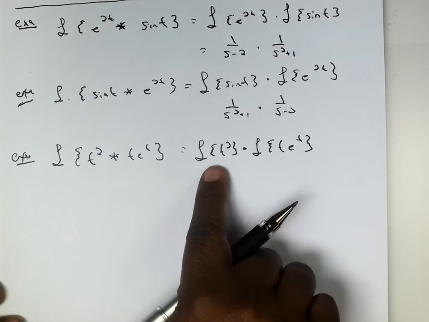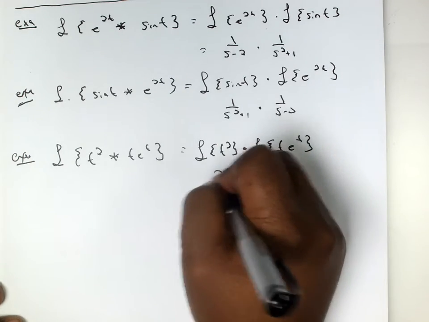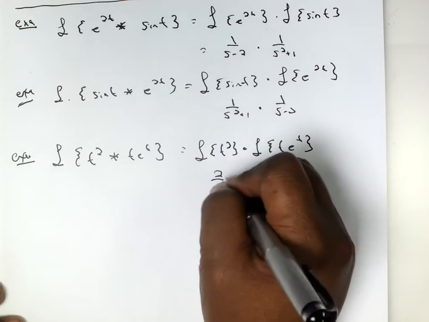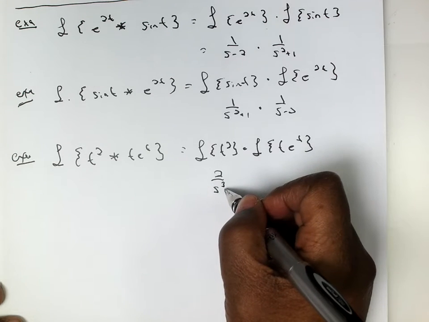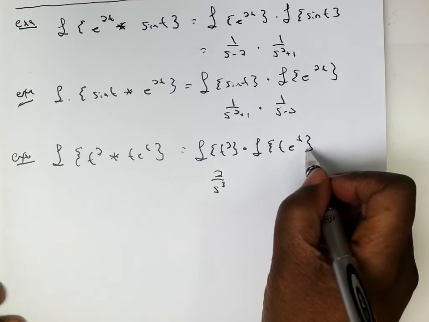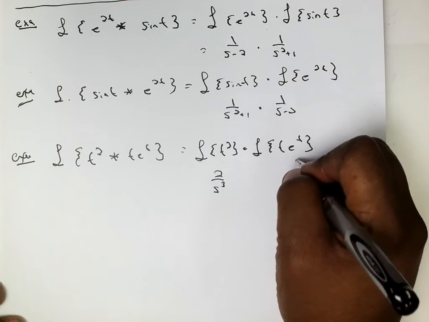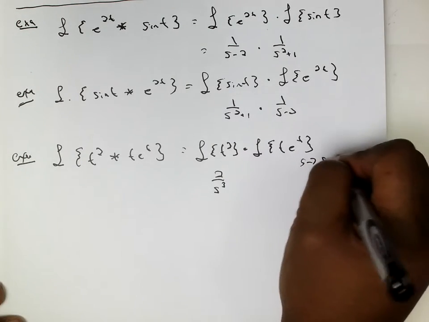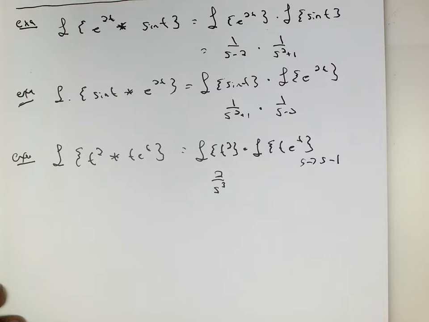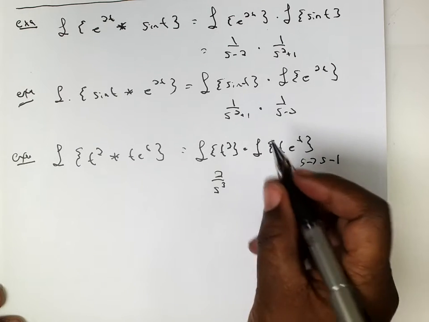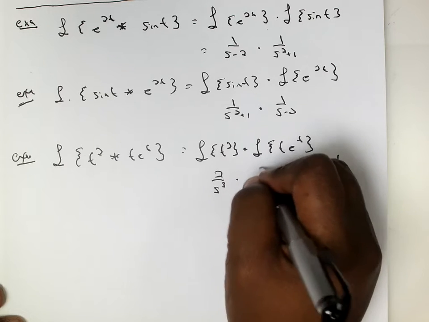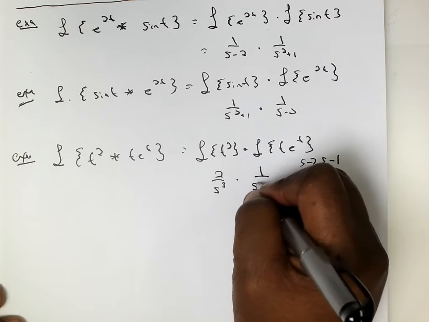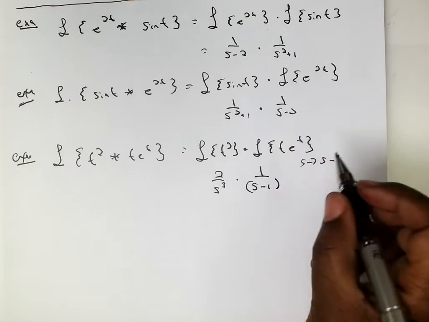So this t squared is just going to be 2 over s cubed, because it's n factorial over s to the n plus 1. And this t e to the t gives me a shift from s to s minus 1, so I end up with 2 over s cubed times 1 over (s minus 1) squared.